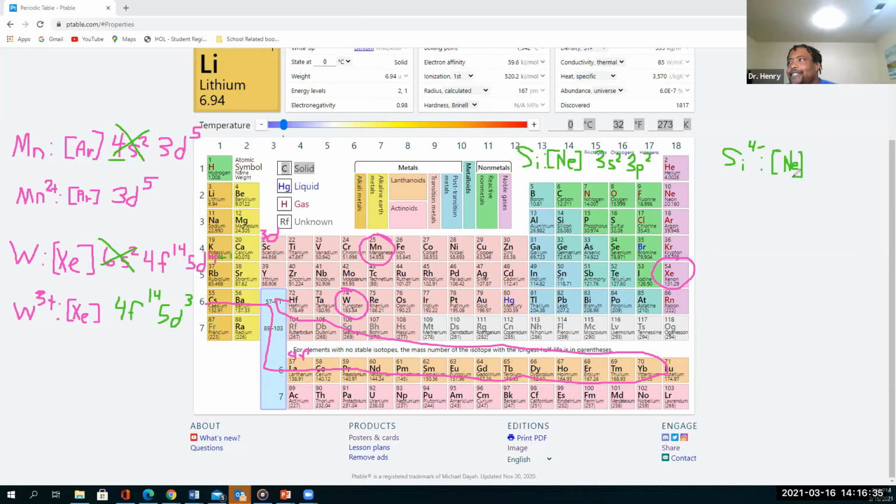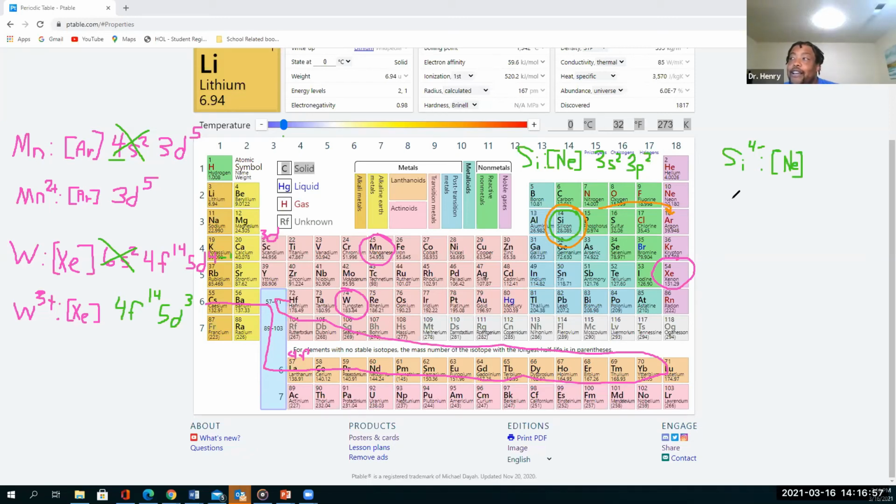Is that correct? Or would we go to the next one? Wouldn't it technically bring you back to the next noble gas, because it's the next octet? That's right. It would be the next noble gas.